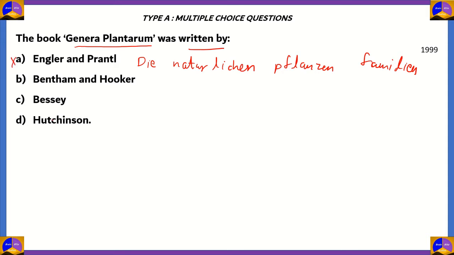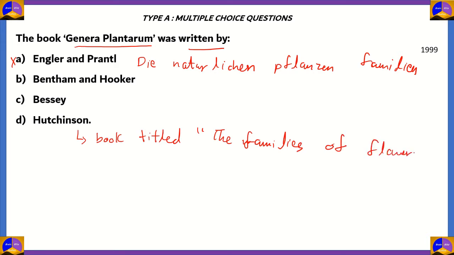What about option D, Hutchinson? Now Hutchinson wrote a book which was titled The Families of Flowering Plants.